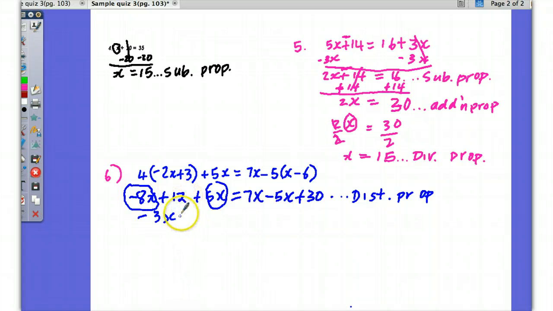The 12 doesn't have any term that is like it, so I'll leave it as is. On this side, I have 7x and 5x, which are like each other. 7 take away 5 is 2x plus 30. And now what I've done is I've combined like terms.